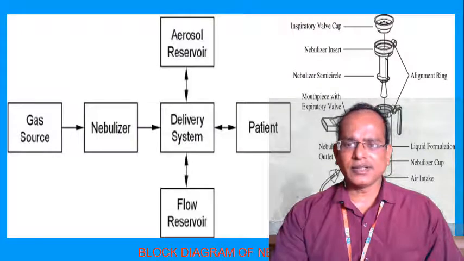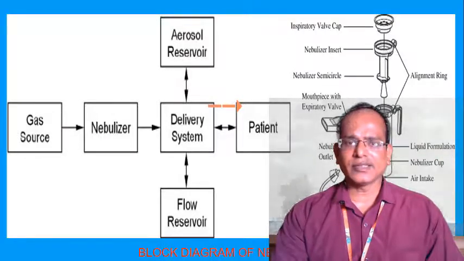Another one is the block diagram of the nebulizer. The nebulizer is connected with one gas source and a delivery system. The delivery system has two kinds of reservoir. One is an aerosol reservoir, the second is a flow reservoir. These reservoirs provide the gas vapor, which is provided to the patient.